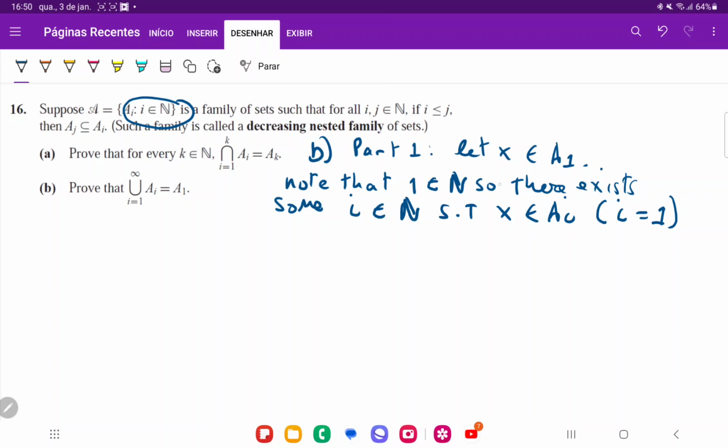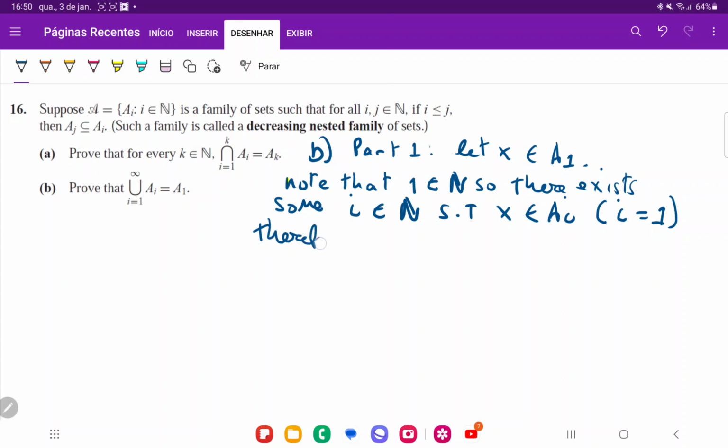So since there exists some I belonging to the natural numbers such that x belongs to a sub I, we have fit the definition of x belonging to the union. So we can now just rewrite this definition.